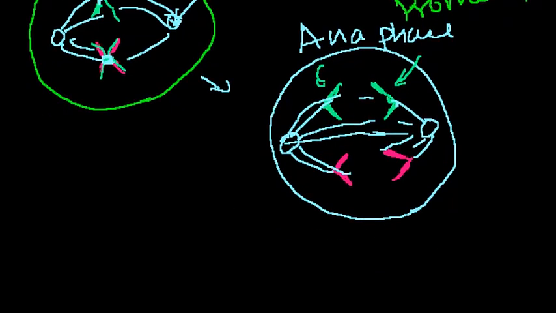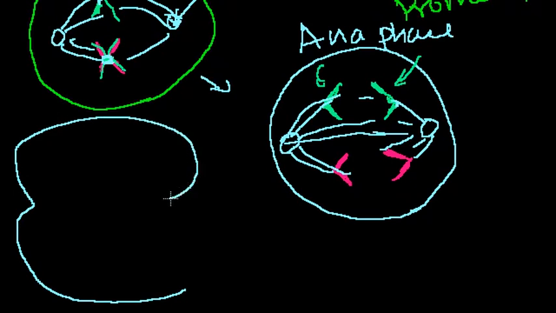The last stage is telophase. And I'm going to draw the cell a little bit differently here, because something is happening simultaneously with telophase most of the time. So telophase, and actually I'll rotate the cell 90 degrees. Let's say that this was one centromere, and this is the other centromere.